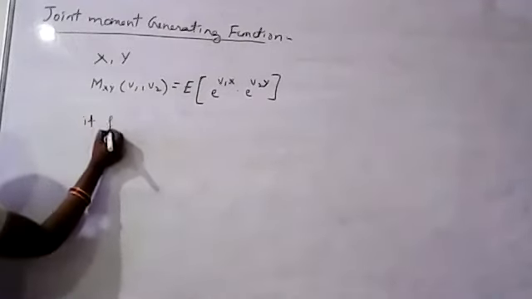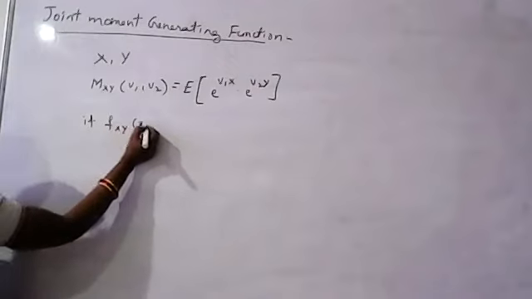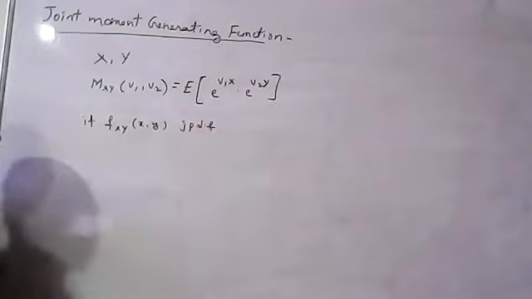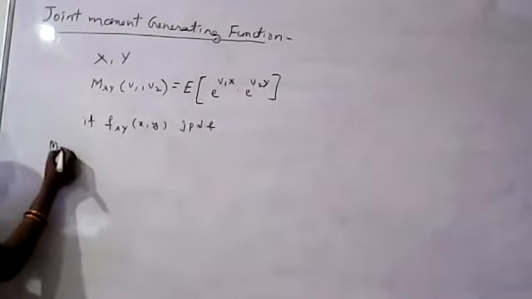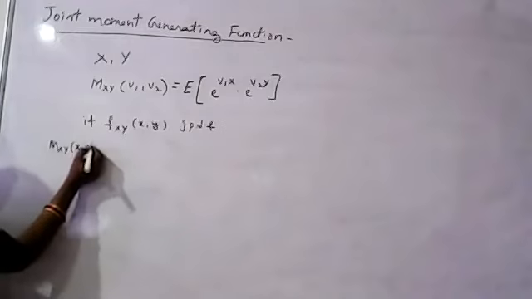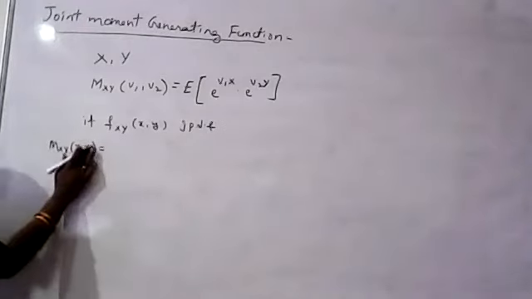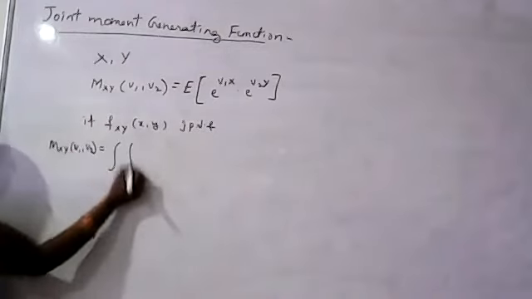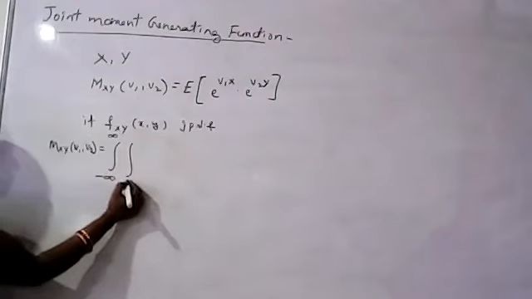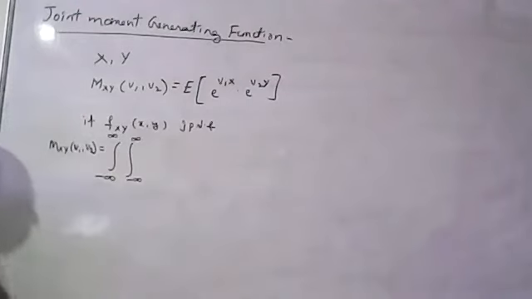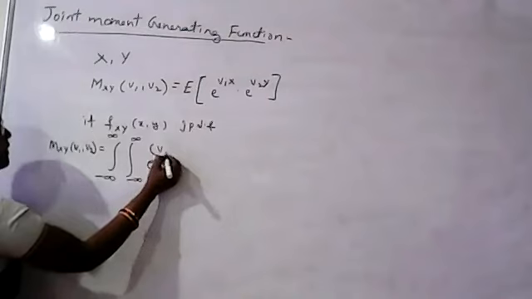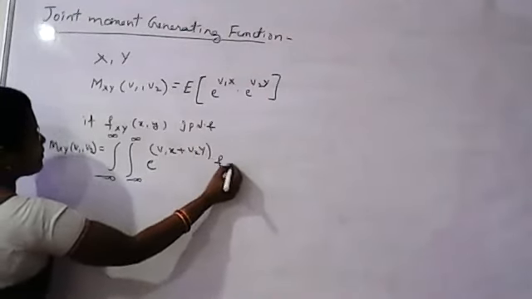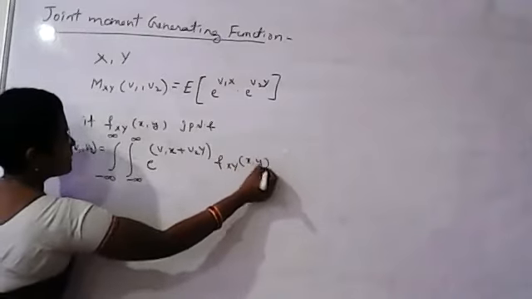If f_XY(x, y) is the joint probability density function of these two random variables, then M_XY(v1, v2) can be written as the integral from minus infinity to plus infinity, integral from minus infinity to plus infinity, of e^(v1 x + v2 y) f_XY(x, y) dx dy.